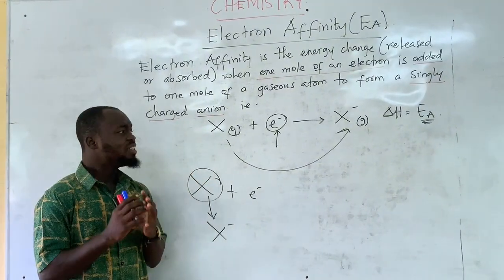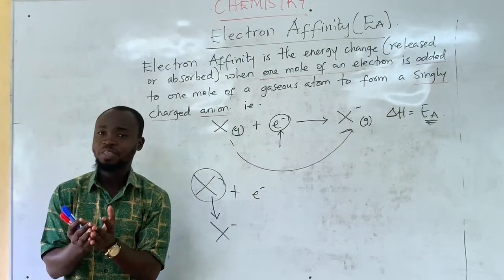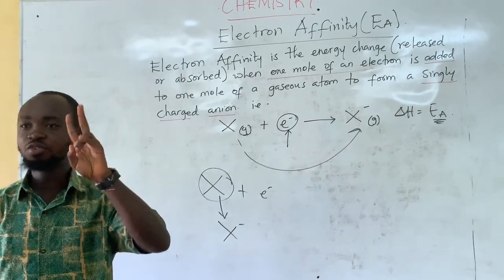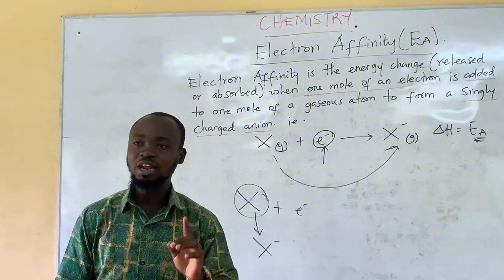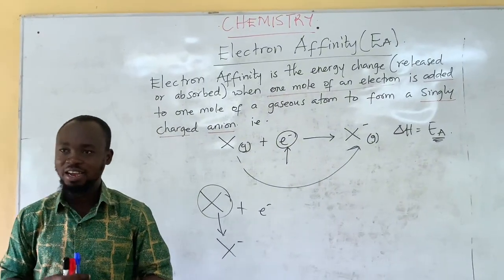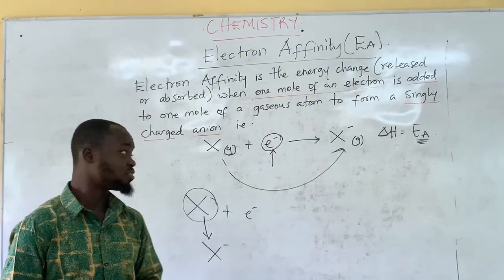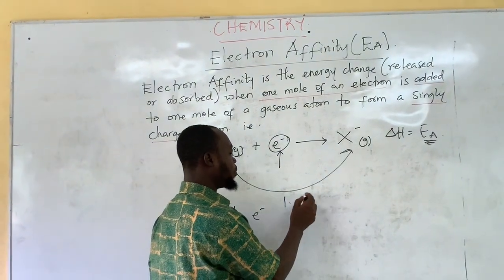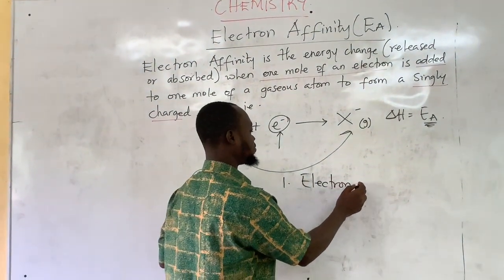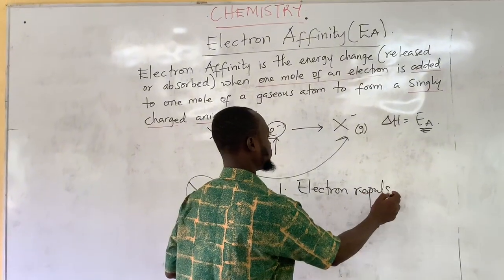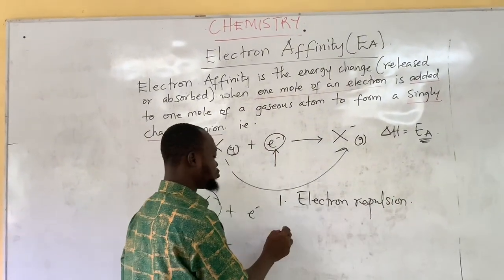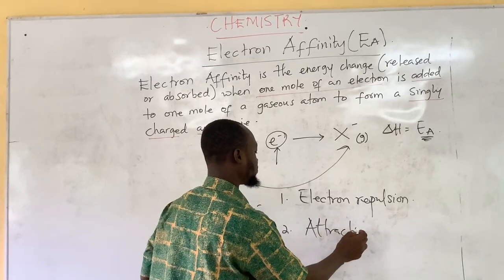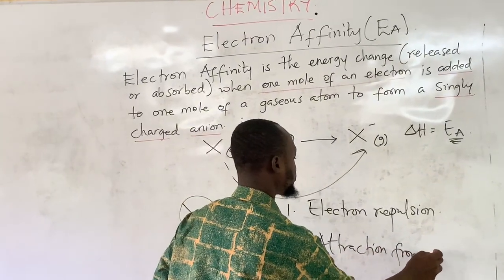NB. Anytime a neutral atom accepts an additional electron, it experiences two things. One, there is going to be electron repulsion, and two, attraction from the protons.